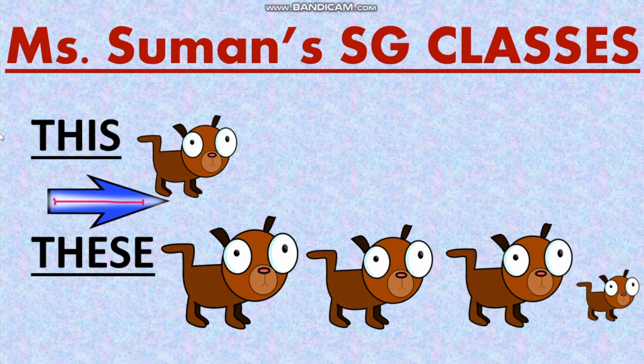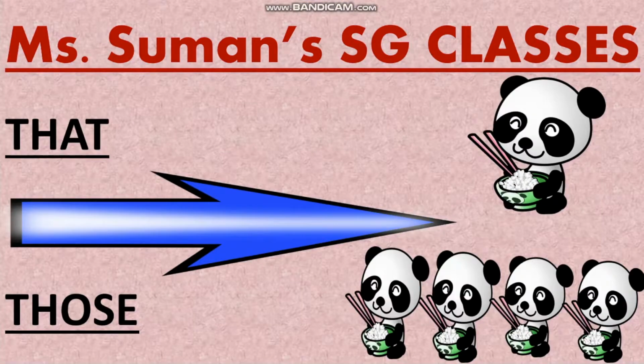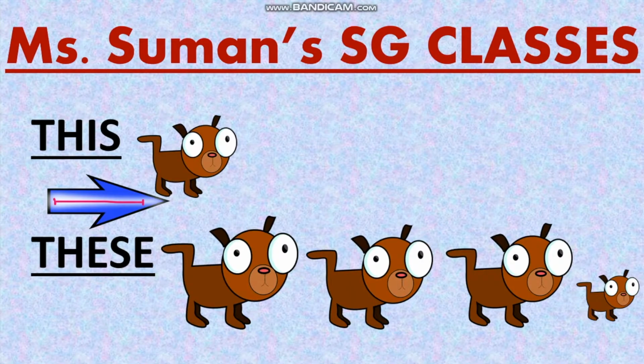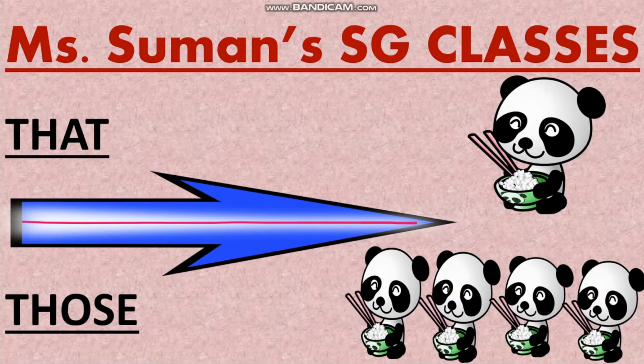So the small arrow represents the thing is very close to us. Let's take a look here. Look at this arrow. It's a big arrow, huge arrow. So this arrow represents that we are talking about something far away. That. This small arrow, that big arrow.